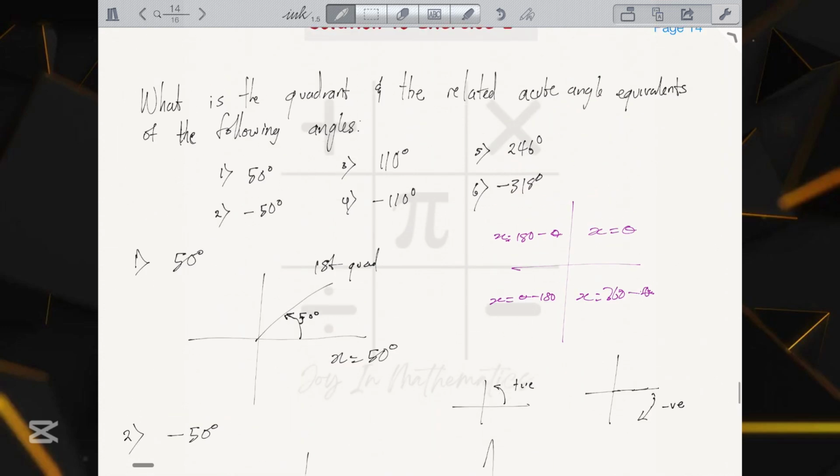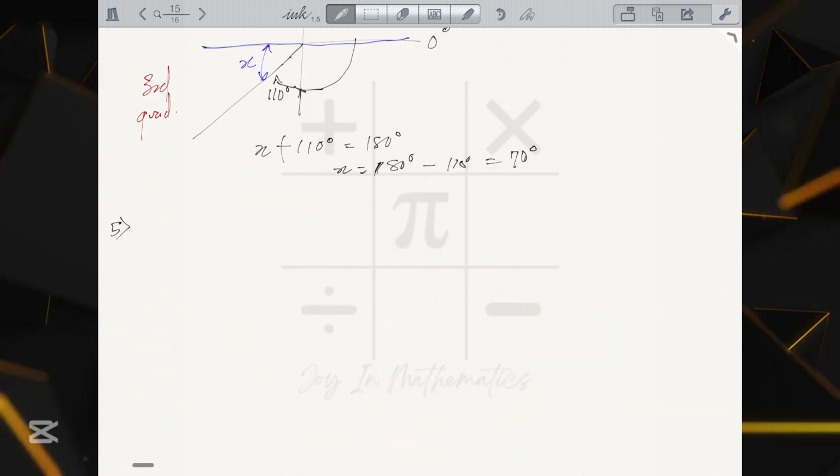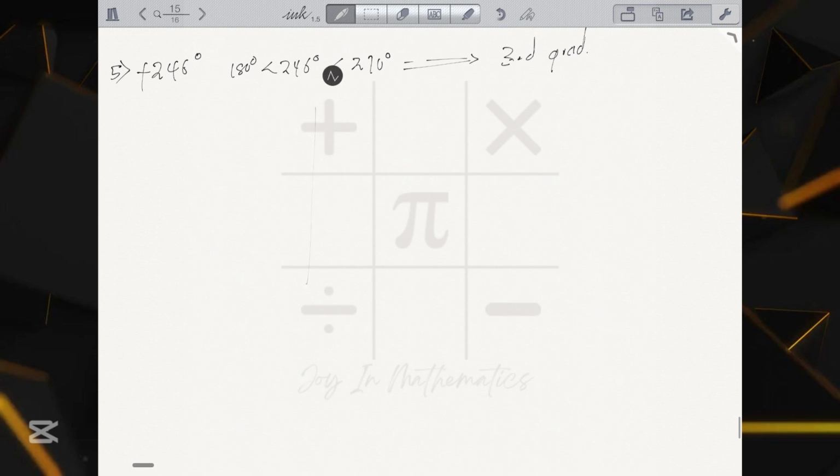Let's look at number 5, which is 246 degrees. Now this is a positive angle. 246 degrees is greater than 180 degrees, but it is less than 270 degrees. So in short, this is in the third quadrant. So let's draw our Cartesian plane for the third quadrant. We have the angle represented here, 246 degrees.